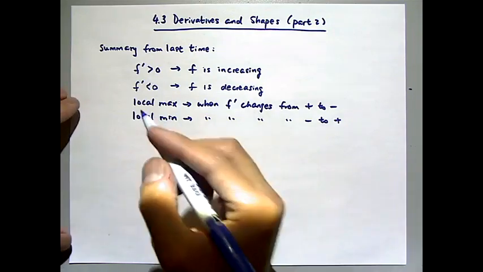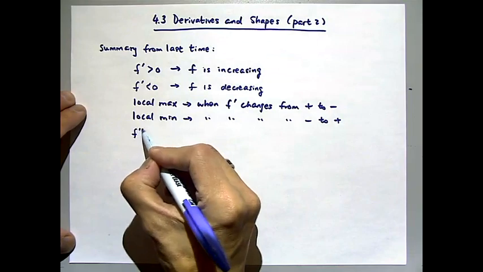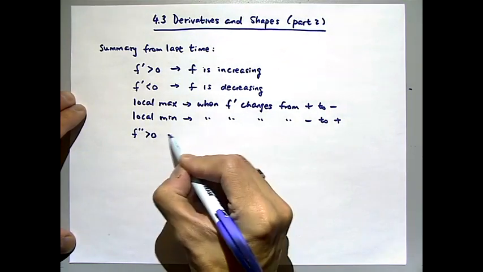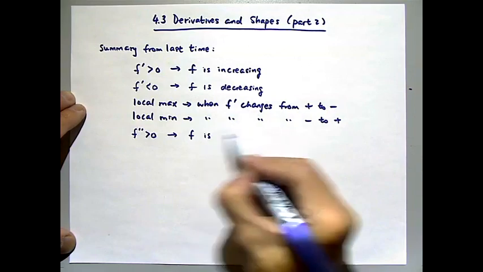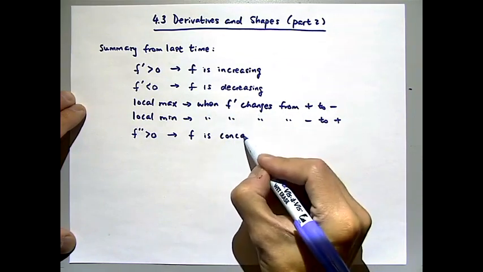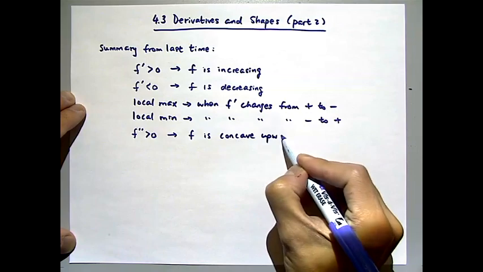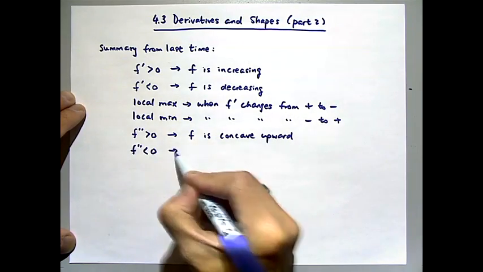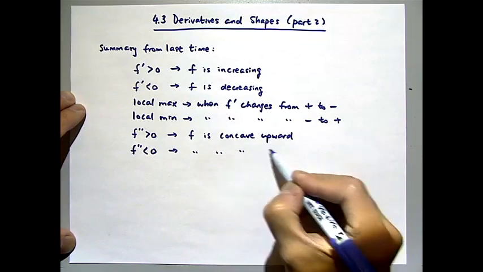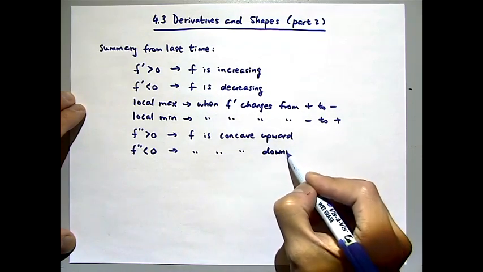Okay, then we look at what happens with the second derivative. We saw that f double prime positive tells us that the function f is concave up. And if f double prime is negative, then the function is concave downward.